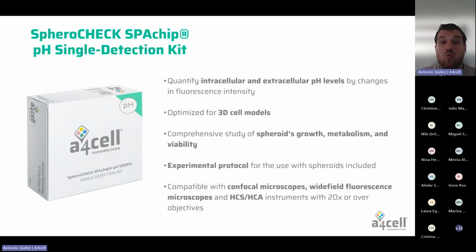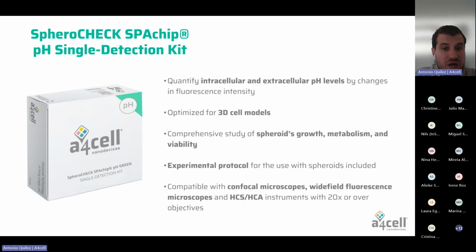To work specifically with 3D samples, we have launched the product SpheroCHECK to analyze pH in 3D models. So we can quantify intracellular but also extracellular pH levels by changes in the fluorescence intensity of our fluorescence microscopy images.